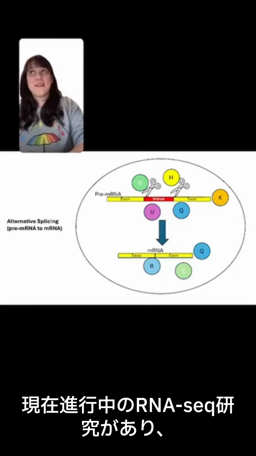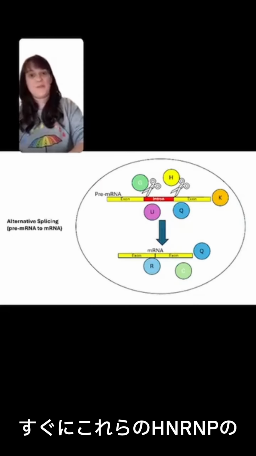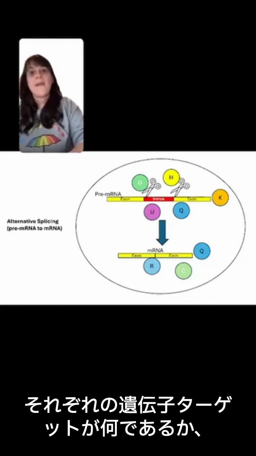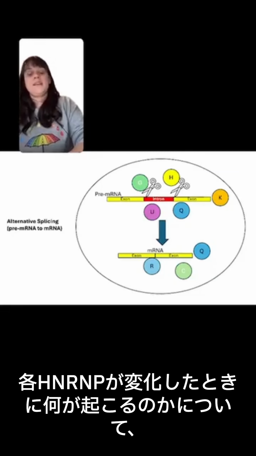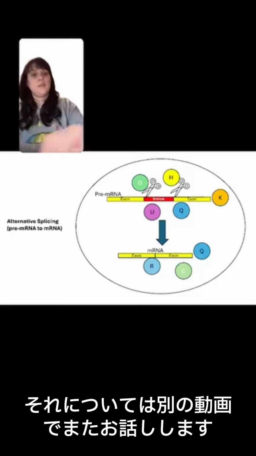We currently have RNA-seq studies ongoing, which is very exciting. Soon we're hoping to have a better understanding of what the gene targets of each of these HNRNPs are and what happens when each HNRNP is altered. This can include not having enough of an HNRNP or something like a missense variant, which we'll discuss in another video at another time.